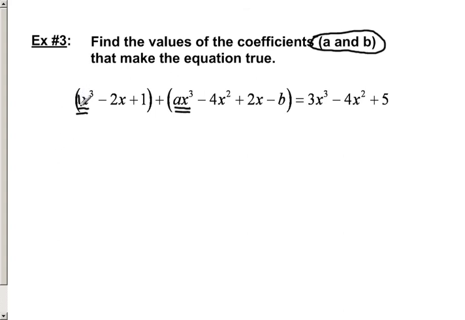The coefficient of this first term is 1. The coefficient of this other term is a. So if we combine them, we add their coefficients, 1 plus a. Again, we don't know what a is, but we know it represents a number, and that will be the coefficient for our x cubed term in simplified form.